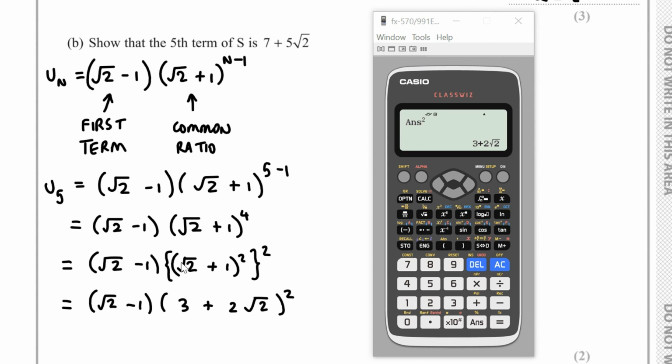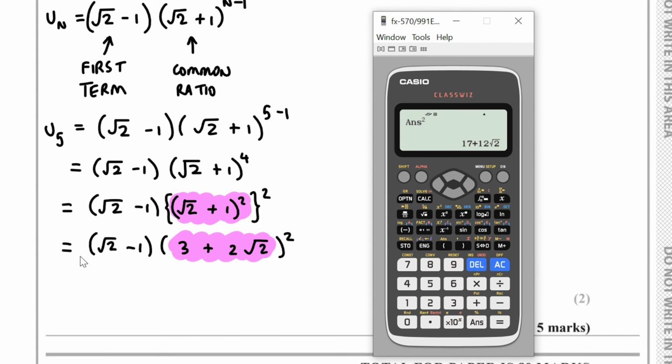So this bit inside this bracket is equal to this bit over here. And now if I square this, I get over here root 2 minus 1 lots of 17 plus 12 root 2.